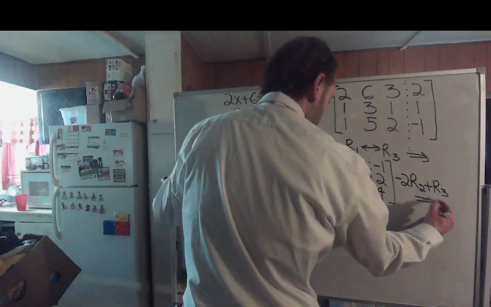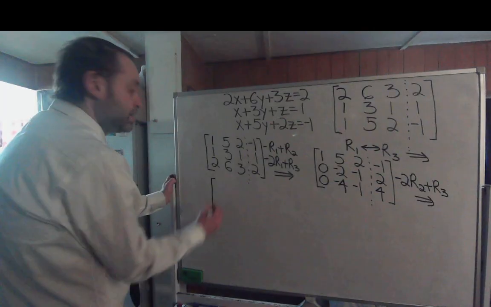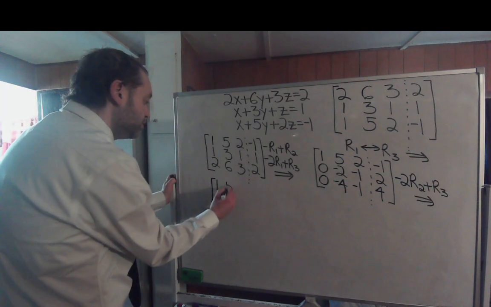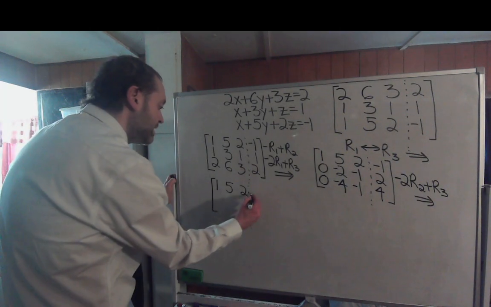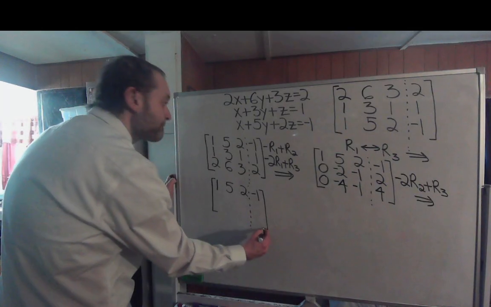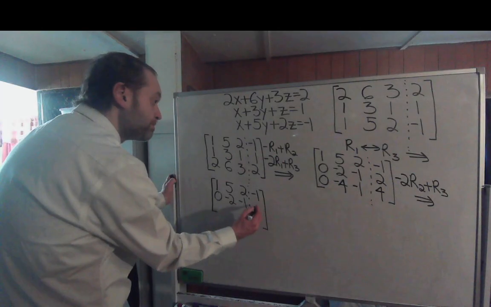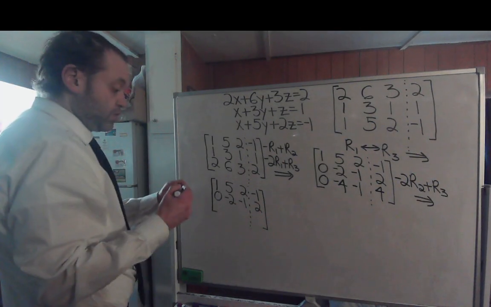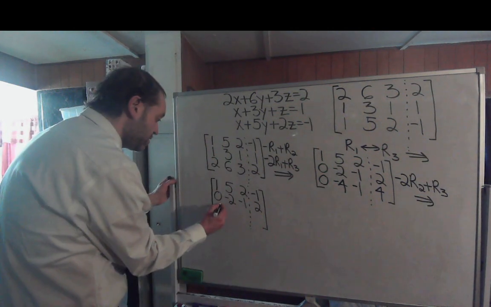Let's go ahead and form our new matrix that way. So first row, leave that alone. You have 1, 5, 2, -1. Leave your second row alone for the time being, at least. Now your third row. So -2 times 0 is 0, plus 0 is still 0.